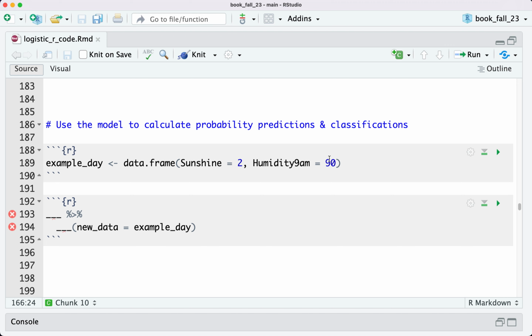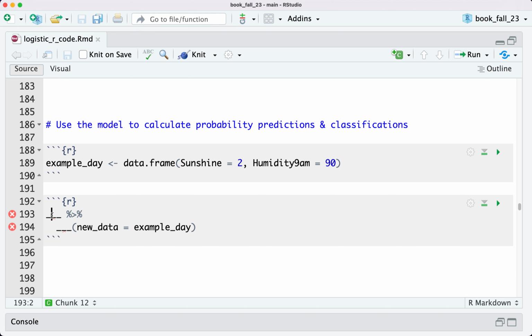Frequently what we're going to be doing with classification models, per the name, is using them to make classifications. So for example, suppose that today has a humidity level of 90% and there are 2 hours of sunshine. And I want to use our logistic model to predict or calculate the probability of rain tomorrow and in turn make a classification.